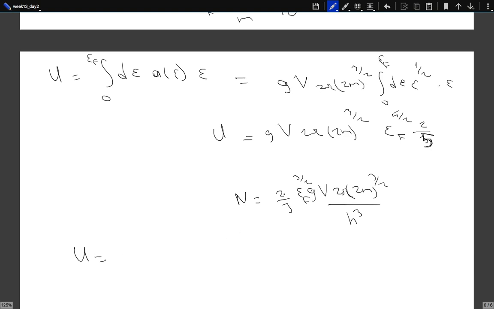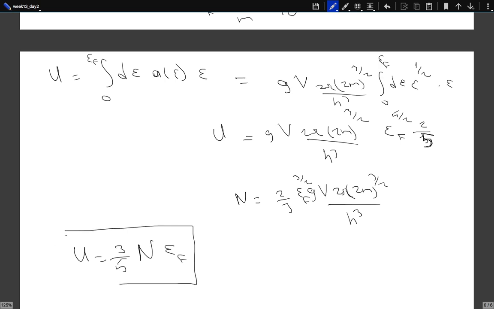So U is, let's put the N. Well, in the expression of N, we already have 2/3, but here we have 2/5, so we have to multiply by 3 and divide by 5. And then here we have epsilon Fermi to the 3 halves, but here we have epsilon Fermi to the 5 halves, so we have to add the epsilon Fermi. G is common, V is already there, 2 pi is there, here I should have an h cubed. Now this is the U.